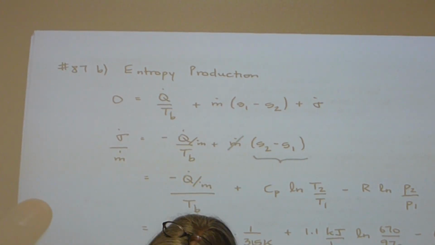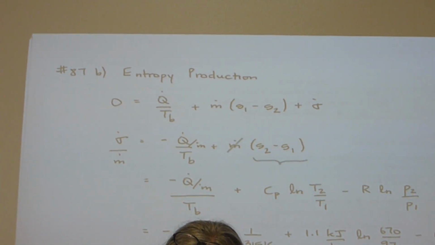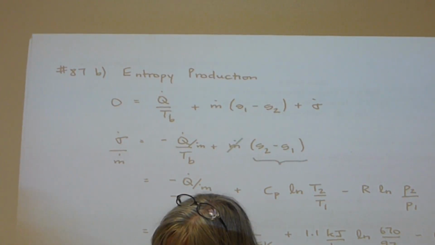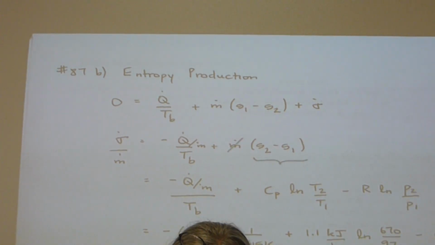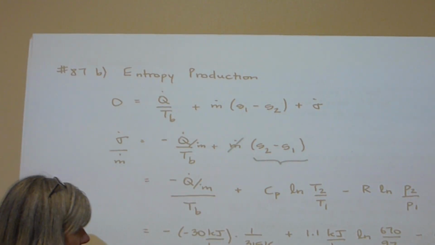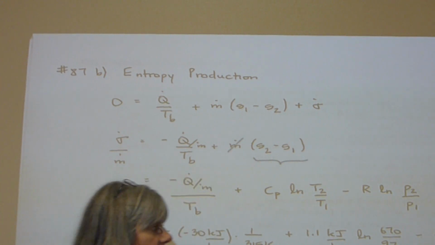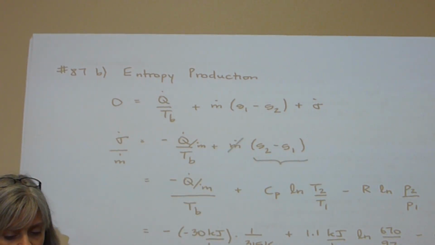So altogether, when you crunch all those numbers, 0.086 kilojoule per kilogram. And that would be the rate of entropy production per kilogram. I'm probably standing right in front so you can't see, so let me back up so you can see everything.